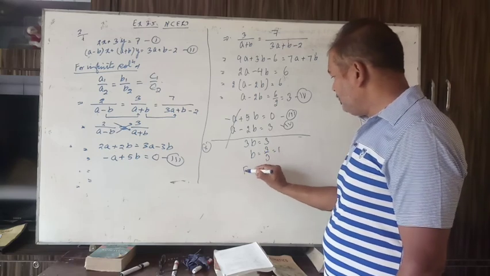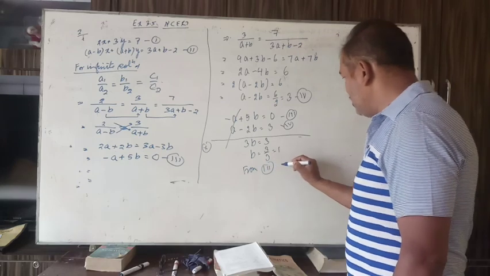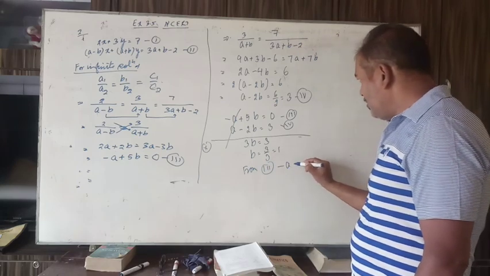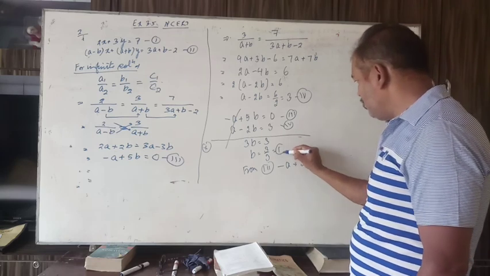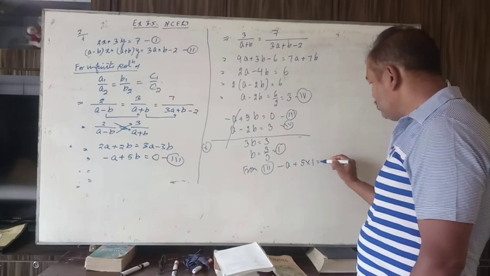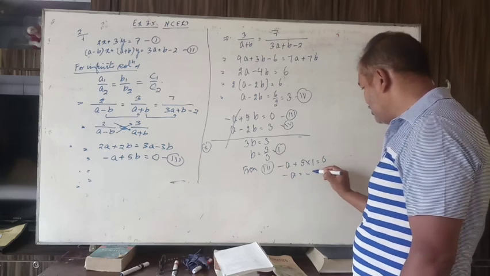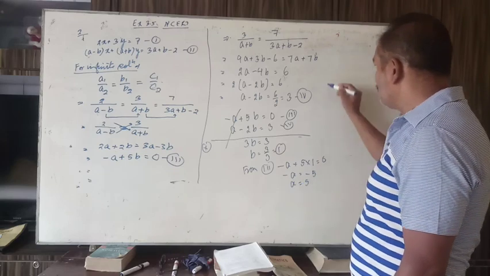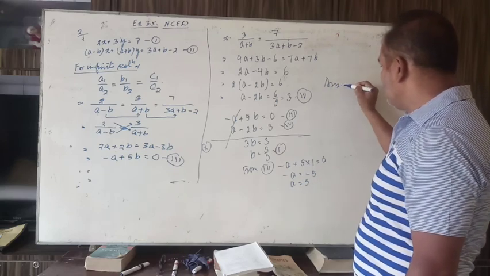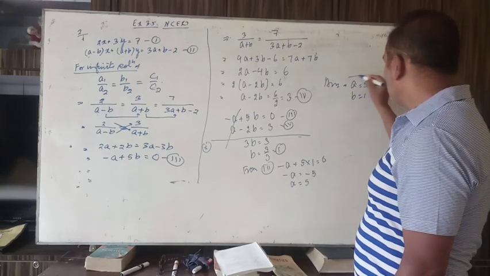So from equation number 3, minus a plus 5 into b, the value of b is 1, is equal to 0. So minus a is equal to minus 5, so a is equal to 5. So what is your answer? a is equal to 5 and b is equal to 1.